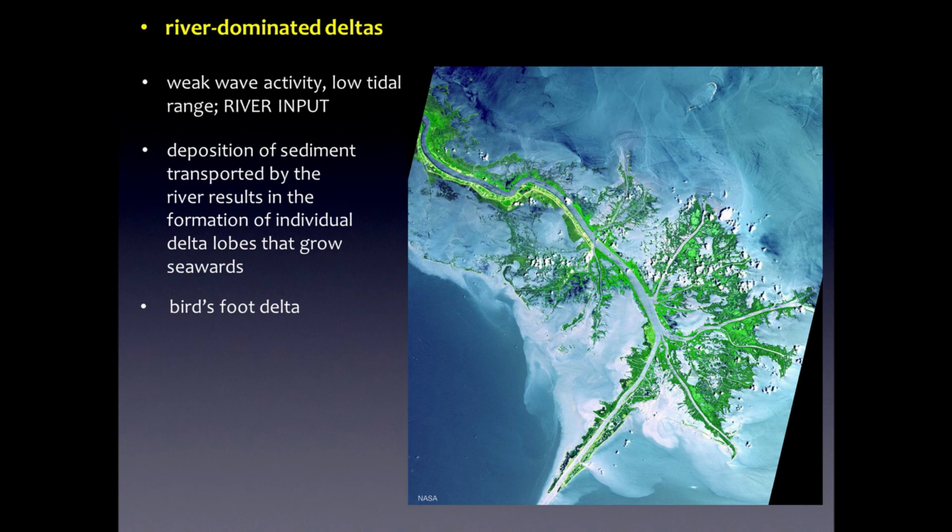It's the rivers that are doing most of the work and having an influence on the appearance of the delta. So sediment transported by the river is deposited, and what we see is the formation of individual delta lobes. These individual lobes comprise sediment that's being carried by the river and then deposited within this environment, and they begin to grow seawards. We'll see a little bit later on that the position of these delta lobes can switch over time.